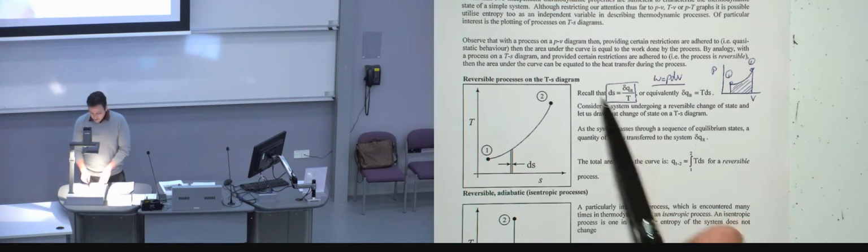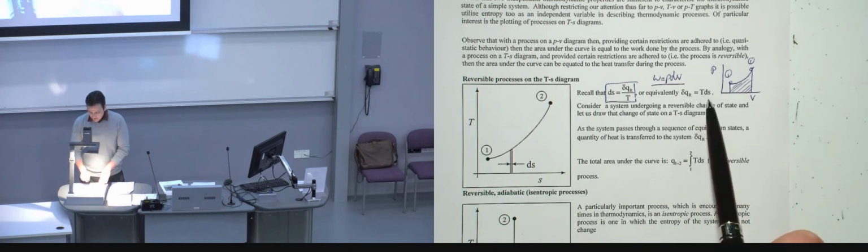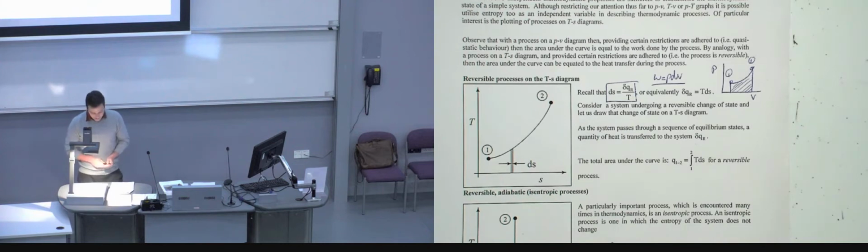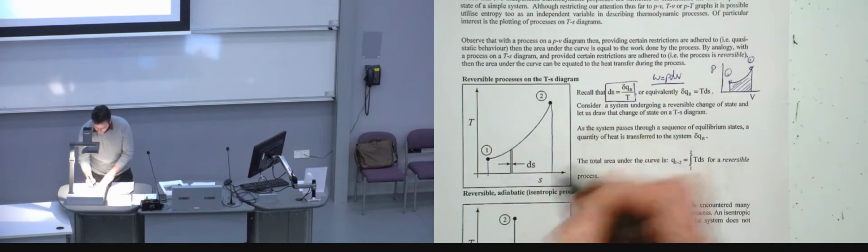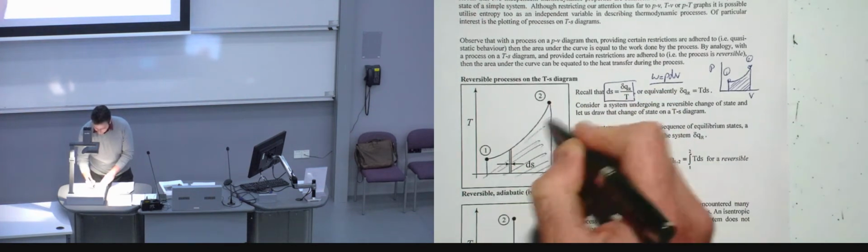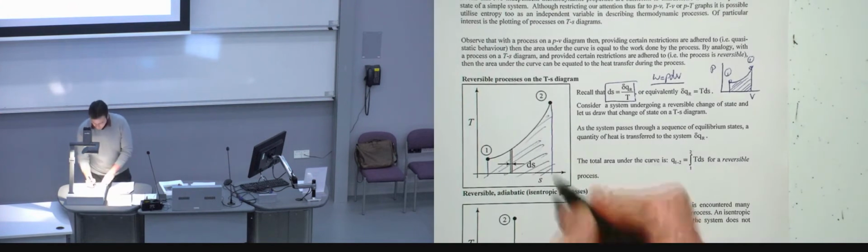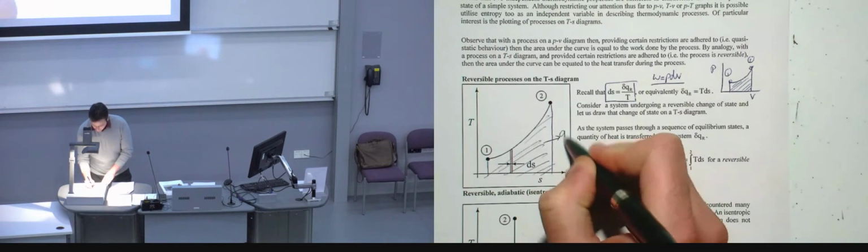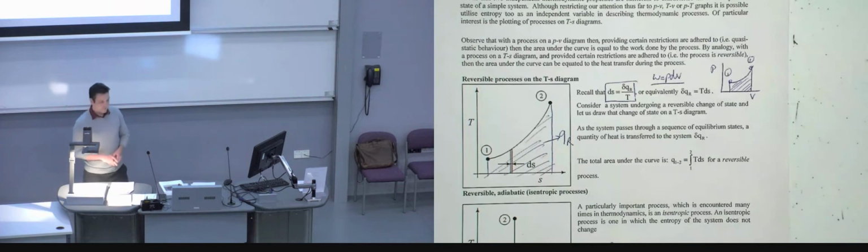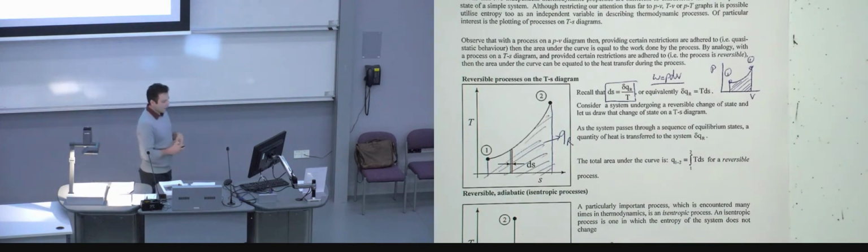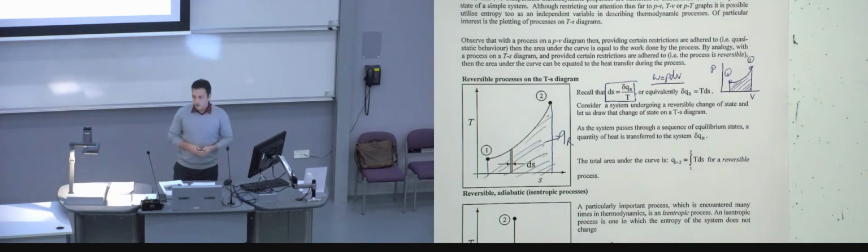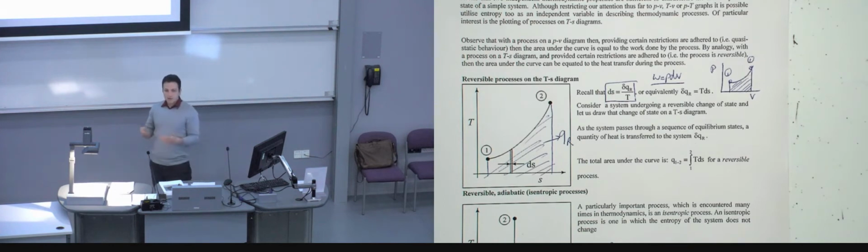If you rearrange this equation, then TdS gives you the amount of Q, which suggests that if you take the area under the curve in this example, this should give you Q_R. Remember, R is the reversible, and it just assumes that there are not going to be any losses in the cycle.